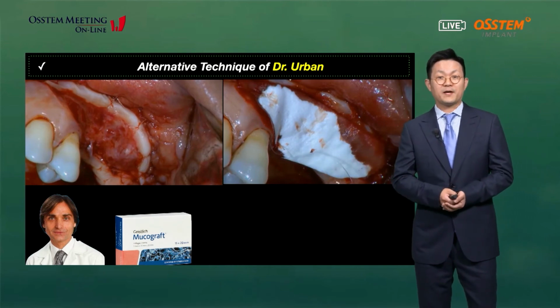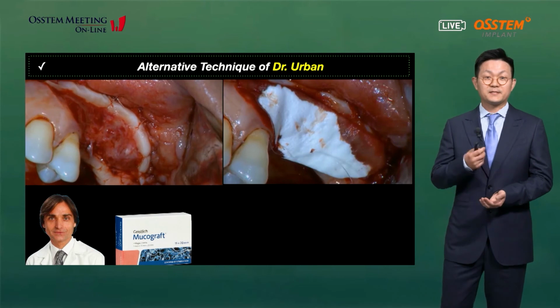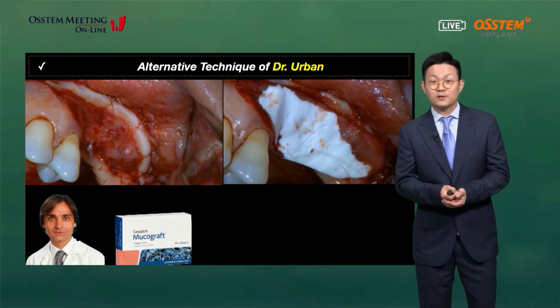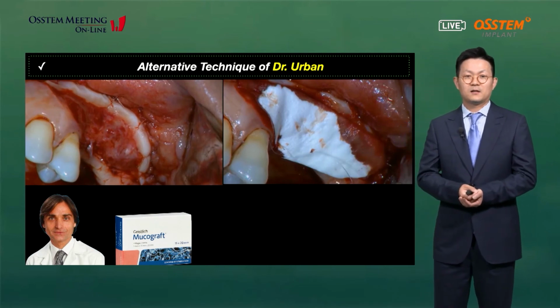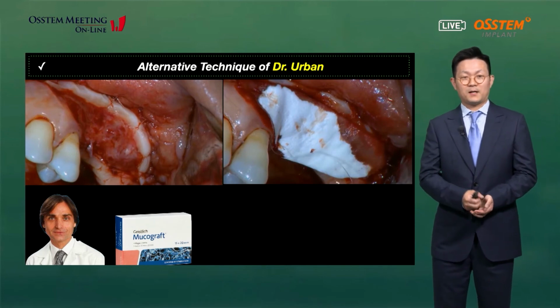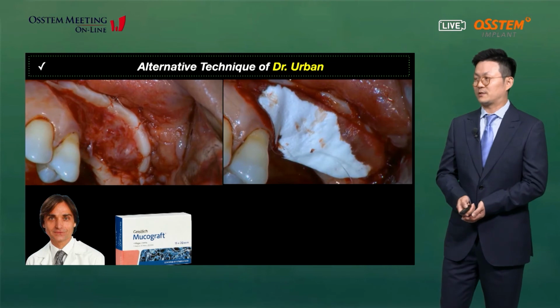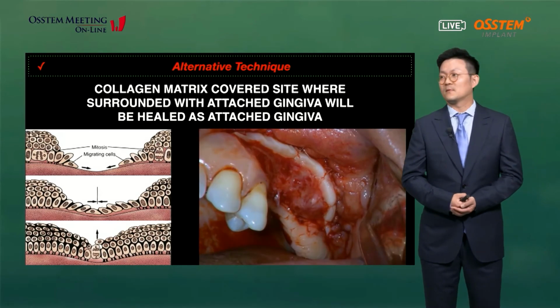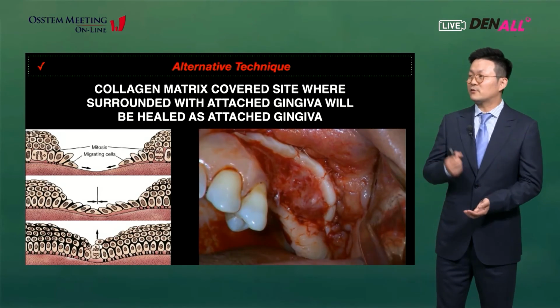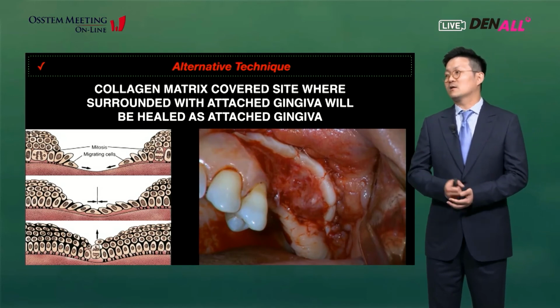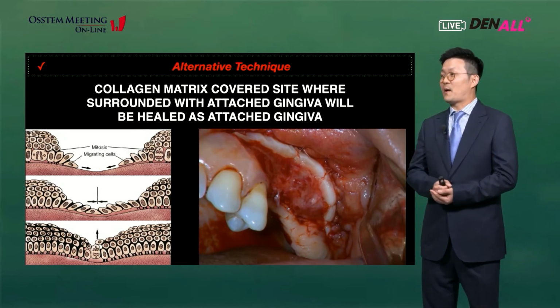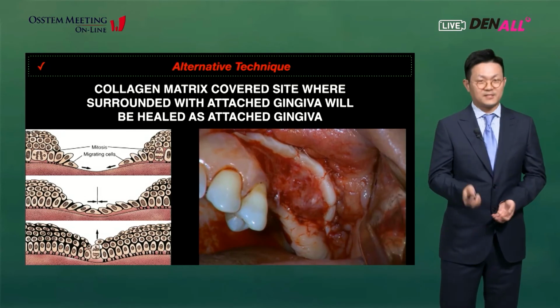We can apply collagen matrix on the recipient side where it is surrounded by attached gingiva. Dr. Urban presents an ultimate combination technique of free gingiva graft and collagen matrix. So the collagen matrix covered side where surrounded with attached gingiva will heal as attached gingiva.